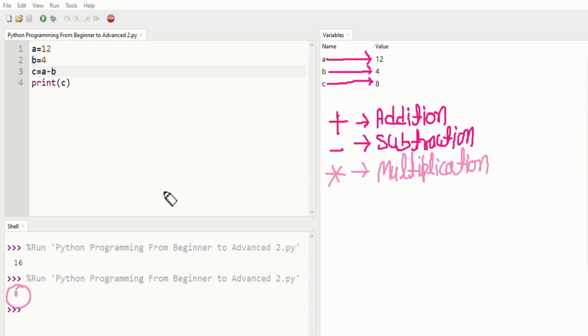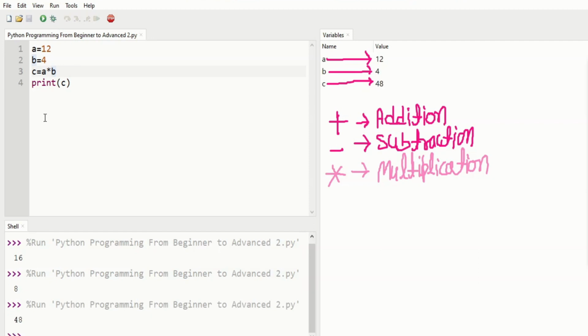So you will use it here, just a multiplication symbol b. So c will refer to the multiplication of a and b. Now I am going to run the program and see that.